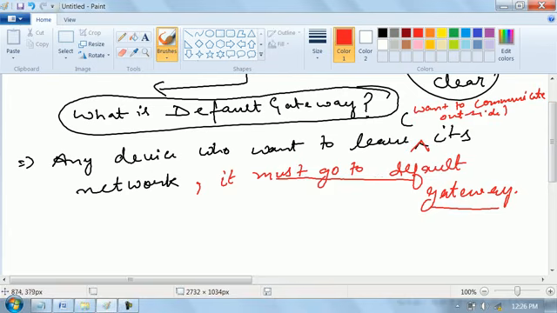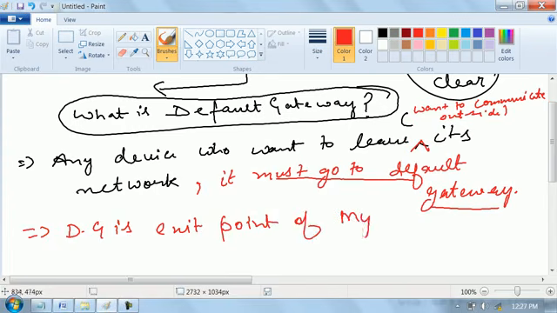It means I can say default gateway is the exit point of my network.